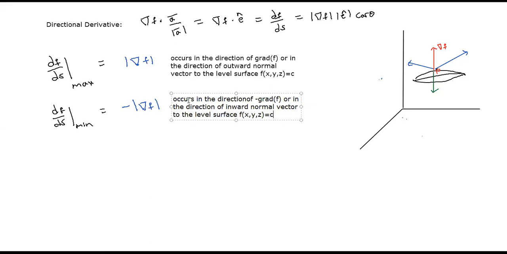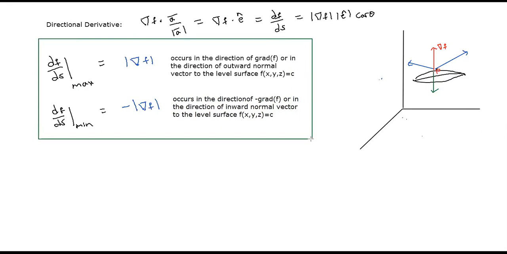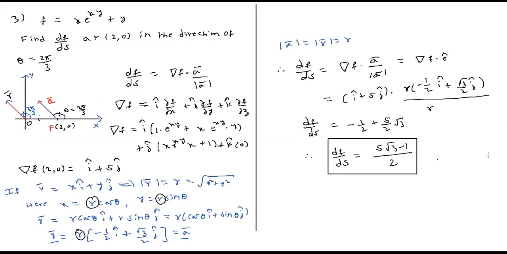Okay, so sometimes you may be asked to find the maximum and minimum values of the directional derivative. The maximum value of the directional derivative is always mod del f, and the minimum value is always minus mod del f. So in the previous example, what will be the maximum value of the directional derivative? Root 26.